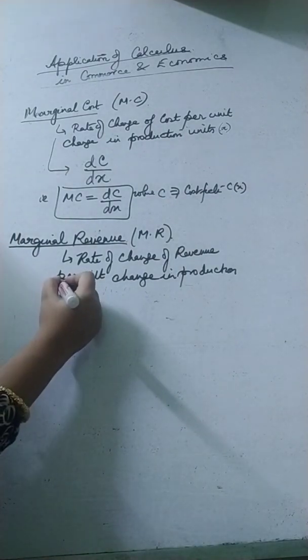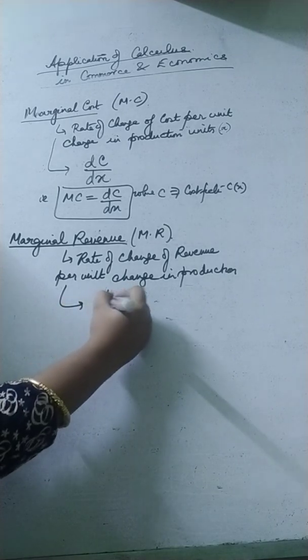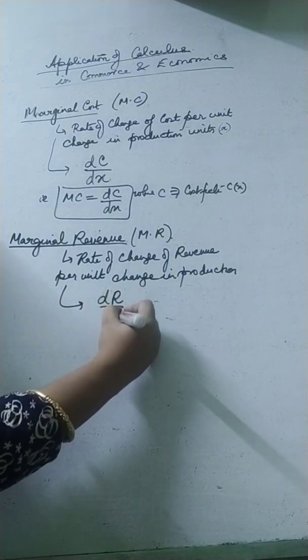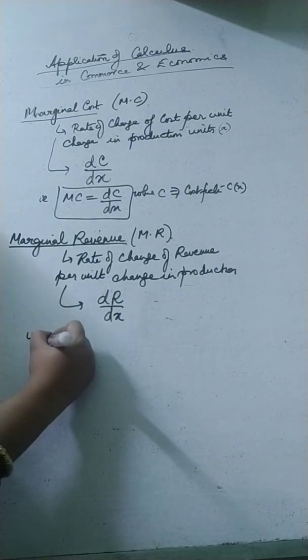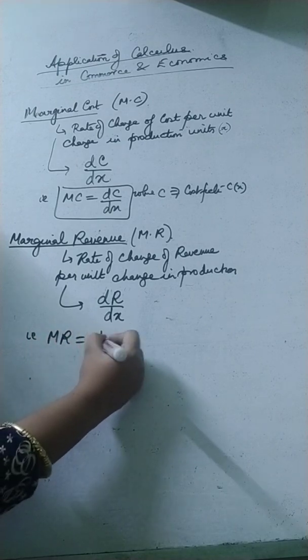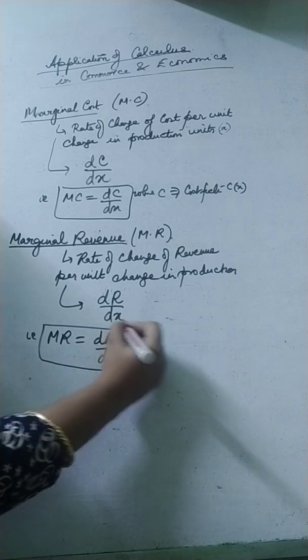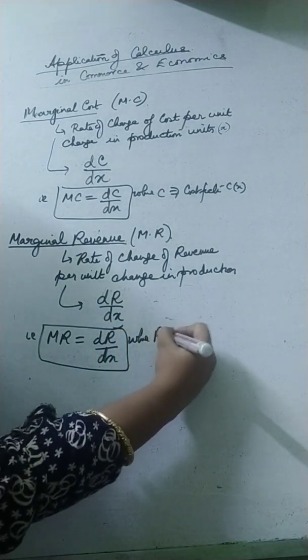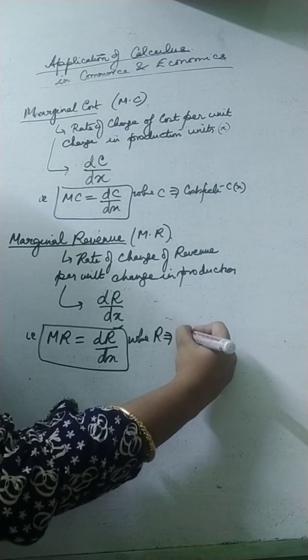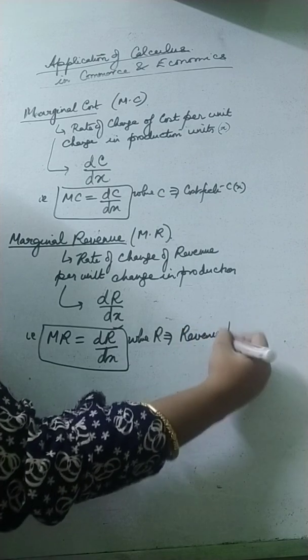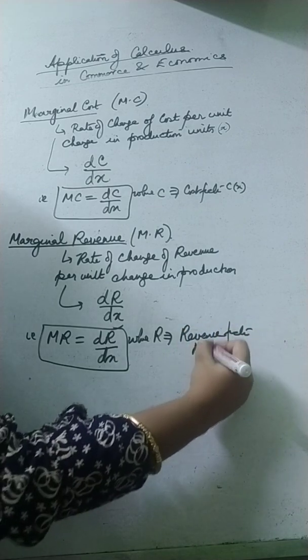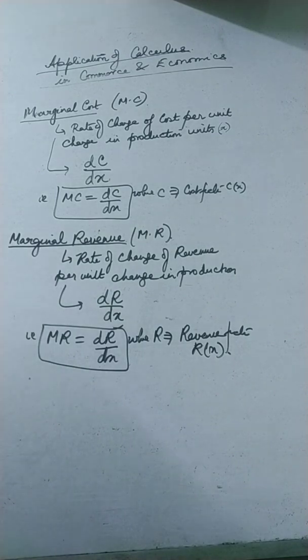So this will be given by the rate of change of revenue, that is dR/dx. In other words, MR is dR/dx, where R(x) is the revenue function. Okay, so this is what we have.